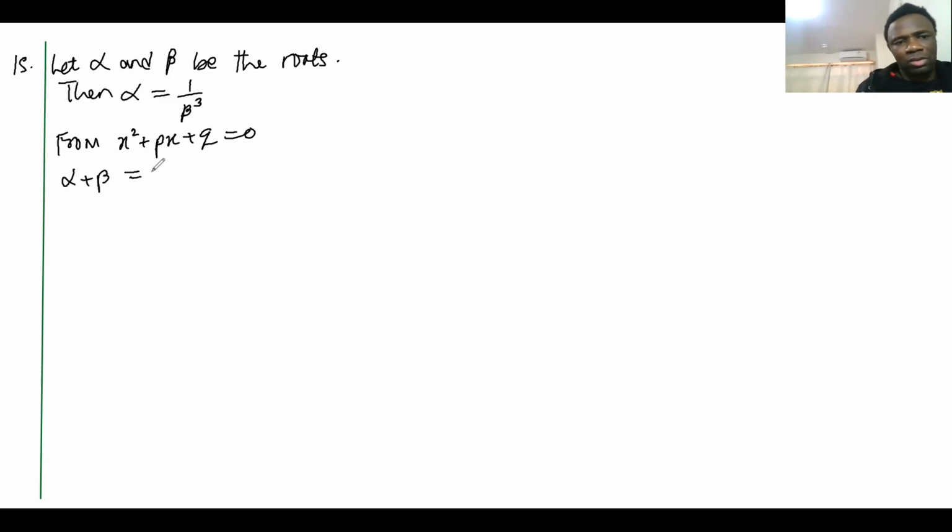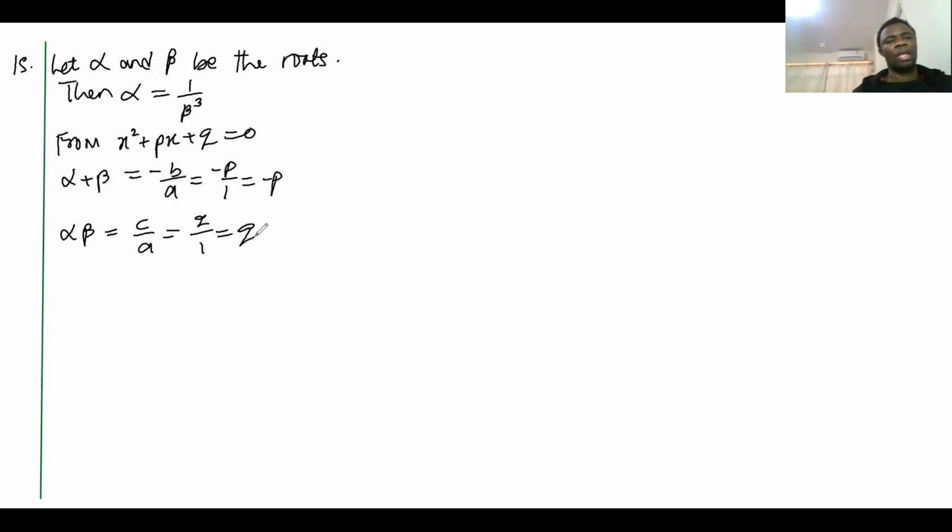Yes, negative b over a. In this case, negative p over 1, which is negative p. Alpha beta is c over a, which is q over 1, which is equal to q. So now alpha is 1 over beta cube.